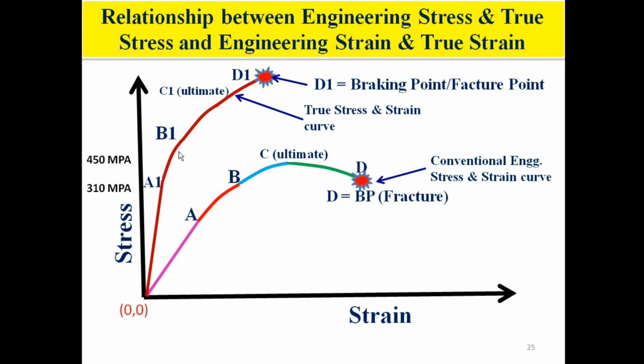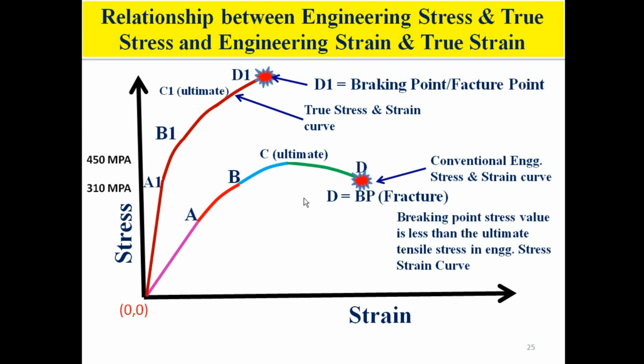They will ask you to draw this curve, and make sure you show that after ultimate it goes up, like positive, and make sure you show this as negative, with stress value less than ultimate in the engineering curve. So the breaking point, D point, value is less than the ultimate tensile stress in the engineering stress strain curve, right?